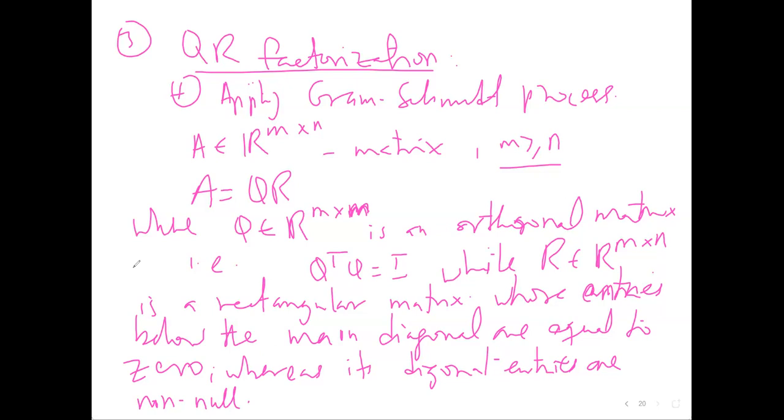Hello? I'm listening. The orthogonal matrix Q has the dimension of A, whereas the R is going to be a square matrix N by N. I don't know. Is that true?